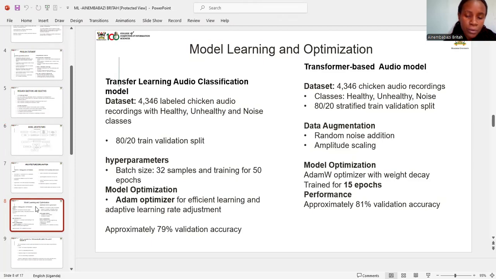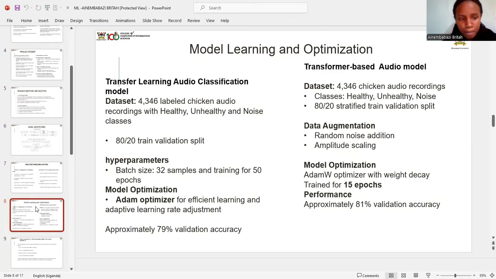The transformer-based audio model was optimized with the AdamW optimizer, which incorporates weight decay regularization to improve training stability and reduce overfitting.